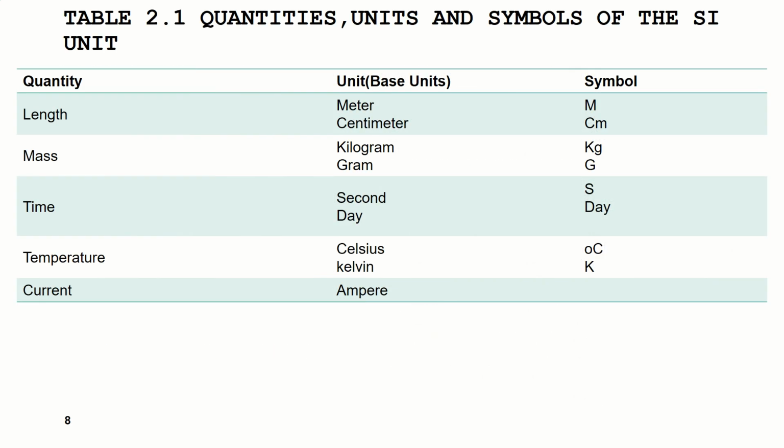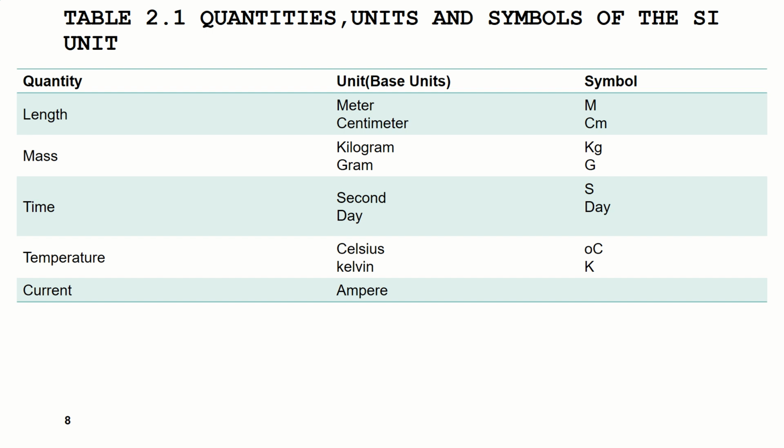Now, quantities, units, and symbols of the SI units. Now we have the quantity here, we have the units, that's the base unit, and then we have the symbol. So length has the base unit as meter, and its symbol is what? M, right? We can have centimeter too, which will be cm.